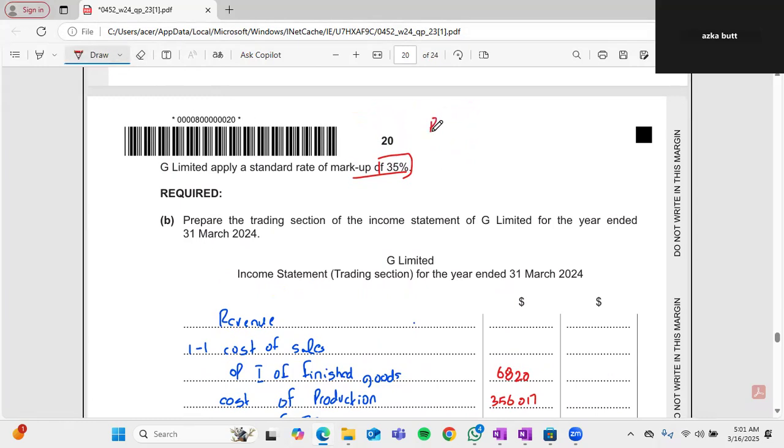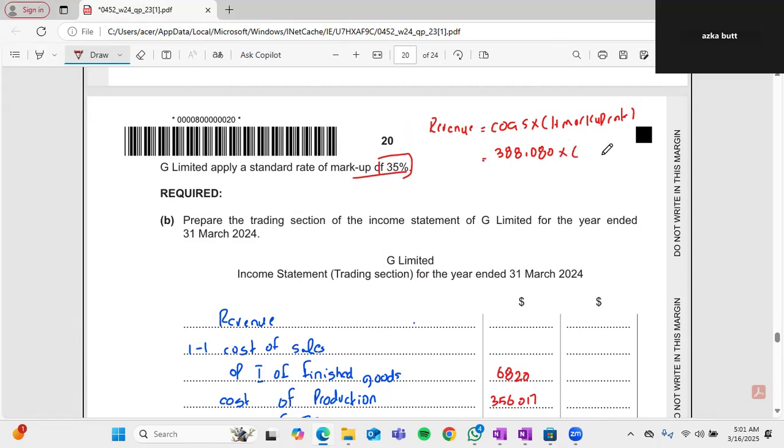So revenue is basically equal to cost of goods sold multiplied by 1 plus the markup rate. Cost of goods sold is 388,080, and the markup is 35%.